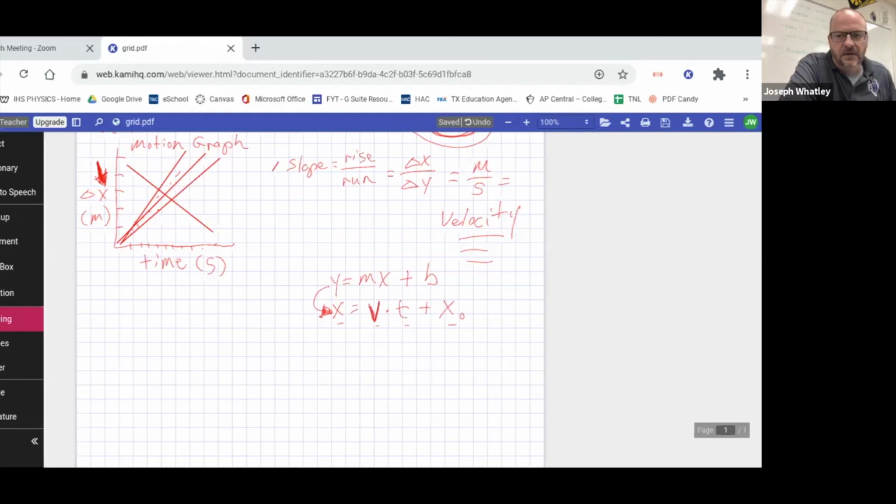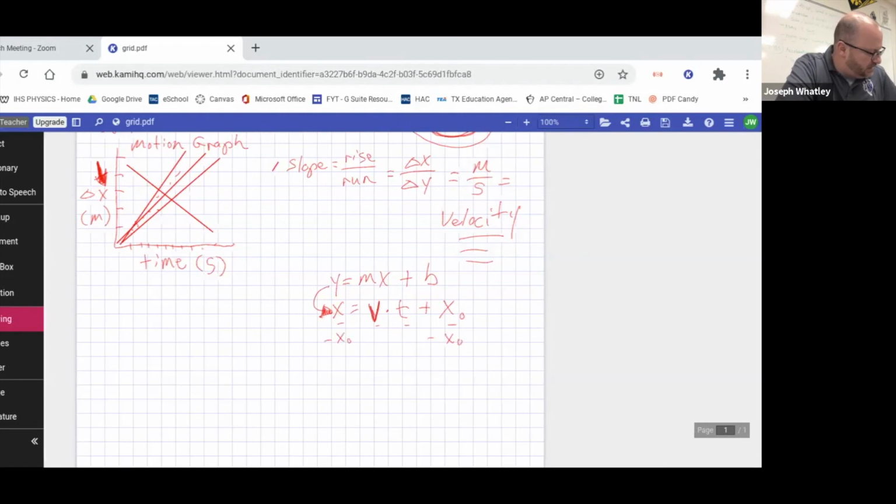position. So if I move 10 miles an hour for 1 hour down I-20, I'll end up 10 miles from my starting position. So we can say my final position is equal to my velocity times time plus my starting position. If we do just a little bit of algebra, we can subtract the initial position from both sides.